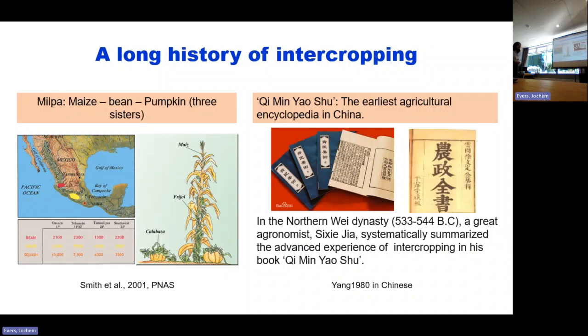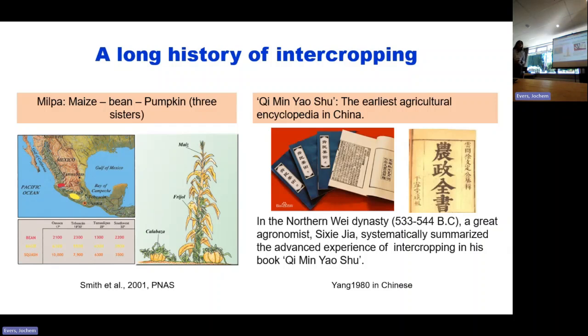Actually, intercropping has a very long history. For example, in South and Central America, especially in Mexico, the milpa is very famous. It contains maize, bean, and pumpkin in one system, and it is called the Three Sisters. Also in China, intercropping has a history of more than 2,000 years.